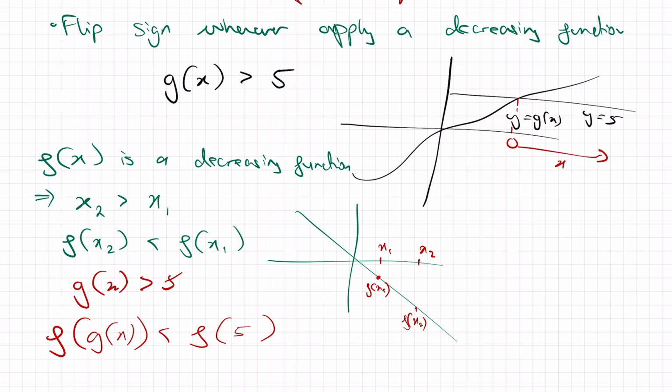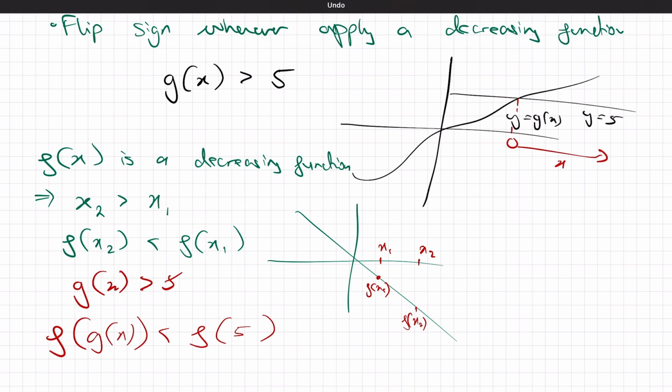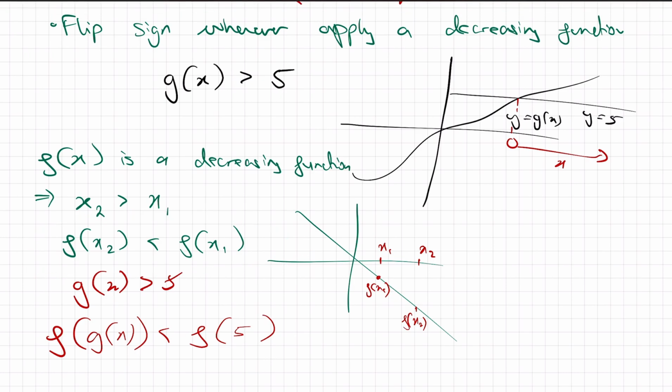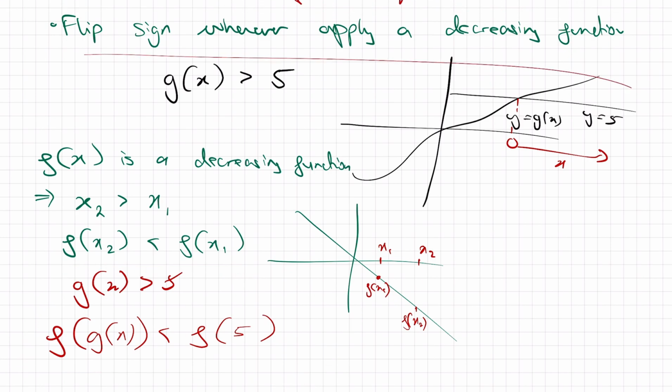So see how if the inputs are in this order, the left input is greater than the right input, then applying a decreasing function is going to flip it so that the left output is now less than the right output. And yeah, that's basically why the sign of an inequality flips whenever you apply a decreasing function.